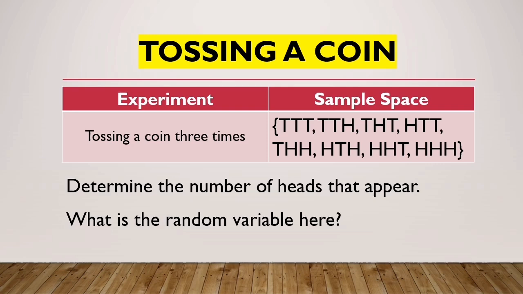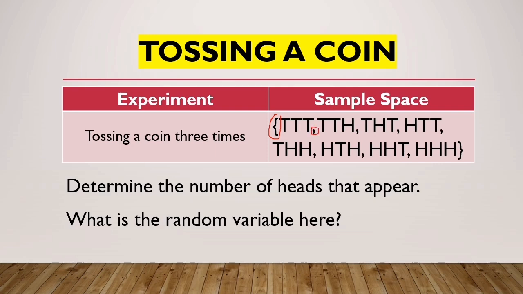So, we have here the experiment, tossing a coin 3 times, and we have here the sample space, the arrangement of the possible outcomes from the experiment. You have observed how it is written. You have there the brace, and the possible outcomes separated by comma.